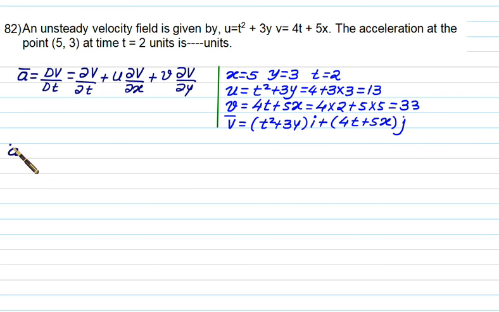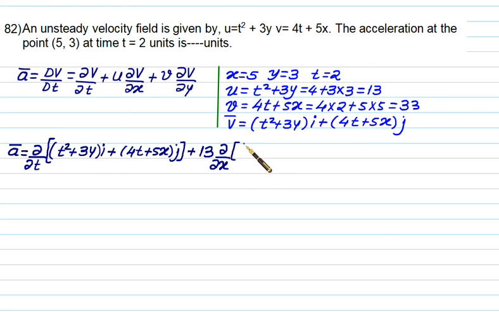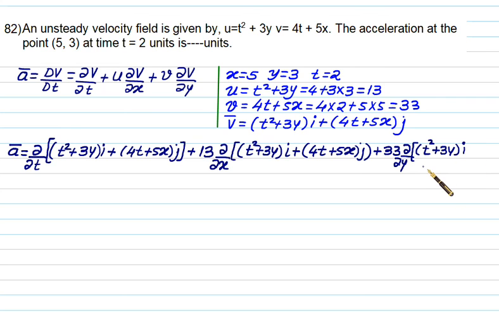So we have the acceleration a bar equal to the partial derivative with respect to t of (t² + 3y) i + (4t + 5x) j, plus we have the u value equal to 13, and we need to calculate ∂/∂x of the velocity vector, plus we have the v component equal to 33, and we need to calculate ∂/∂y of the velocity vector.